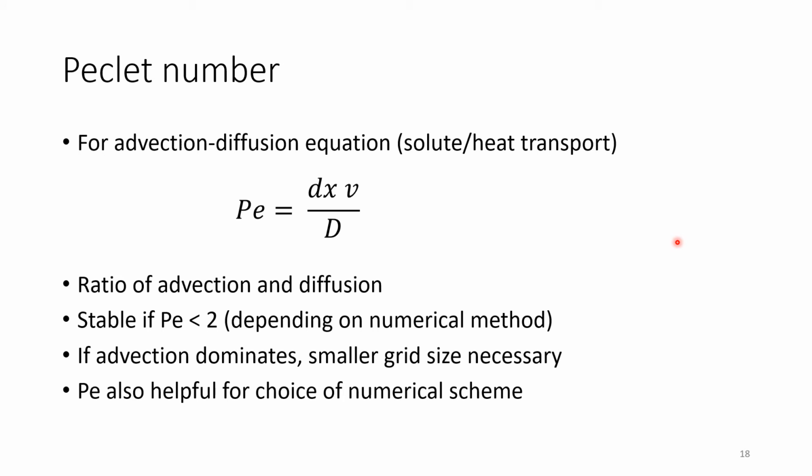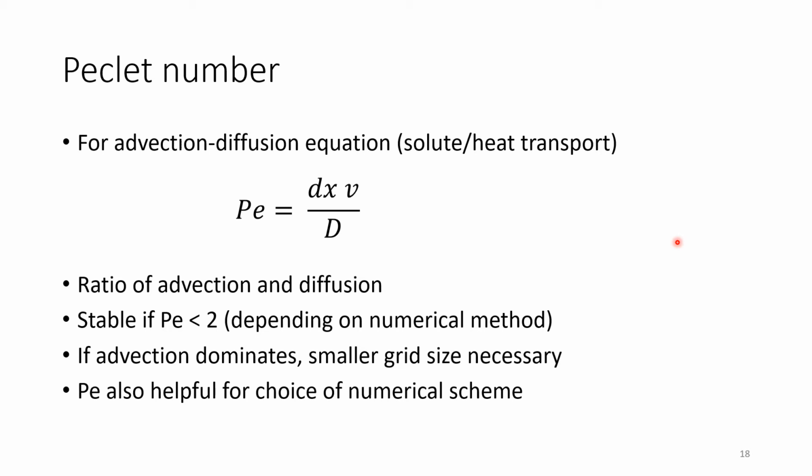Another value which you as a user need to check in a model if you do transport processes is the Peclet number. So physically, this is the ratio of advection to diffusion.